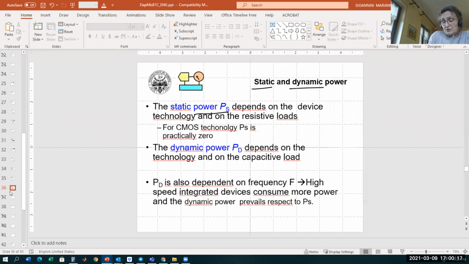What is not zero is the dynamic power, which scales proportionally to the capacitive load, to the frequency, and as a square of the voltage supply.